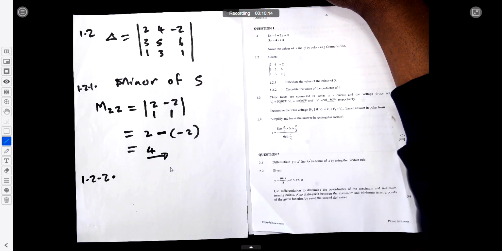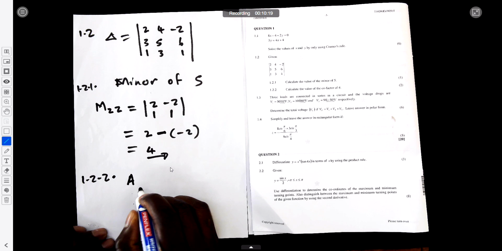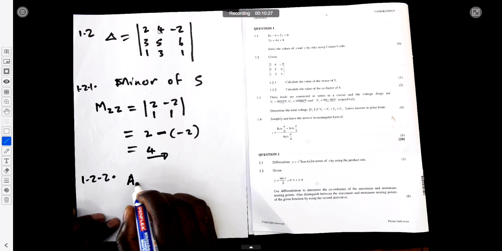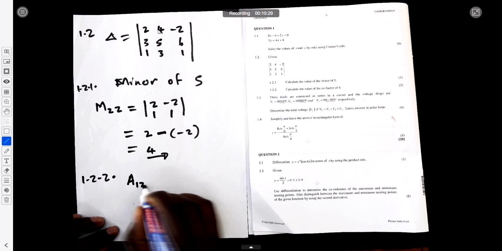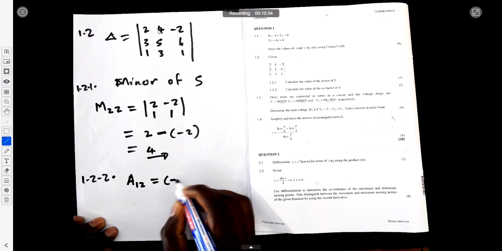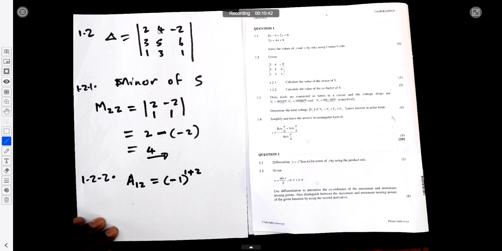We can use small letter a or capital A. Element 4 is in row 1, column 2, so A1,2. We use minus 1 to the power of i plus j, so 1 plus 2, the row number plus the column number, multiplied by the minor of element 4.